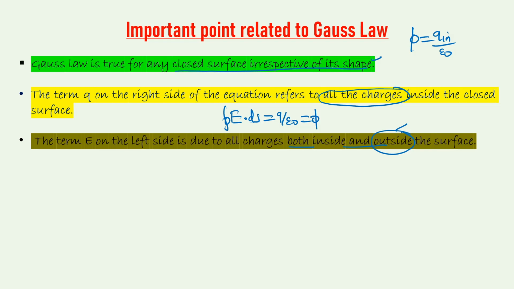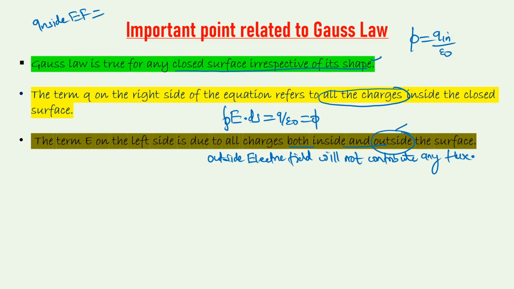The outside electric field will not contribute any flux, because the number of field lines coming inside is equal to the number going outside. So it will not affect the net flux.